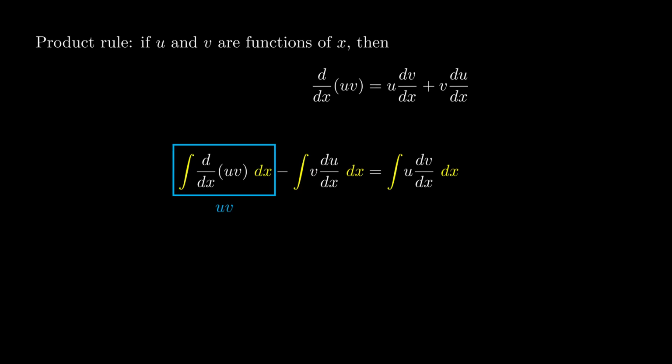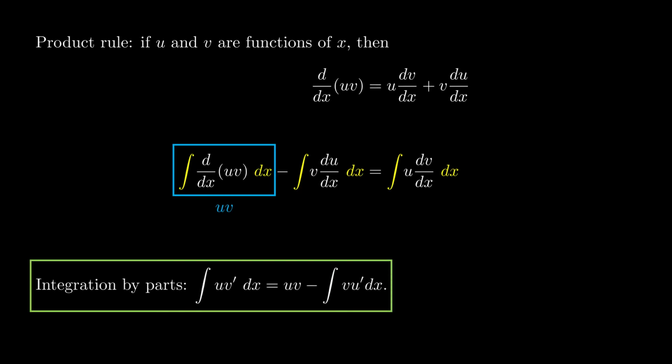So that first term just becomes uv, and all integration by parts is, we're writing this whole equation again, switching the sides where that first term has become uv. So the integral of u dv/dx is equal to uv minus the integral of v du/dx.